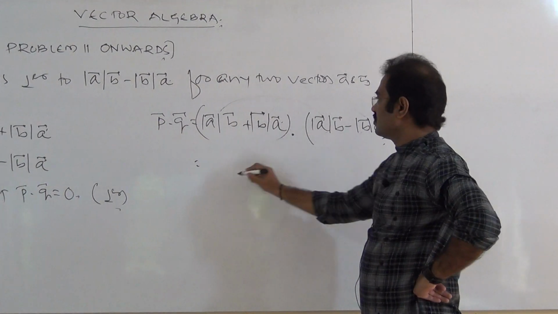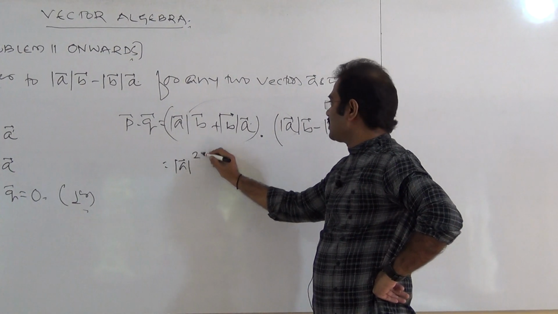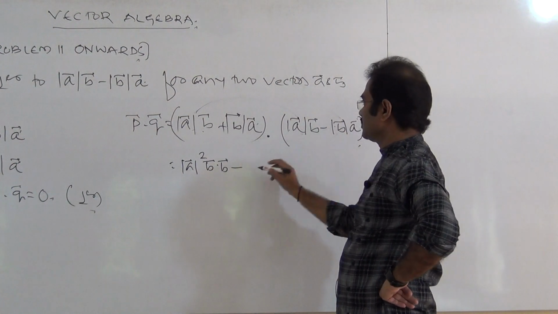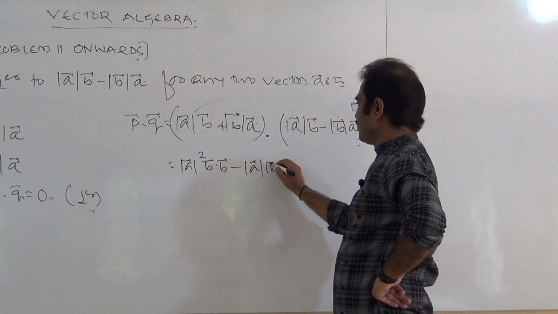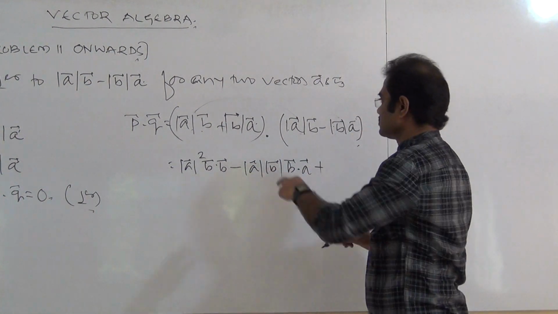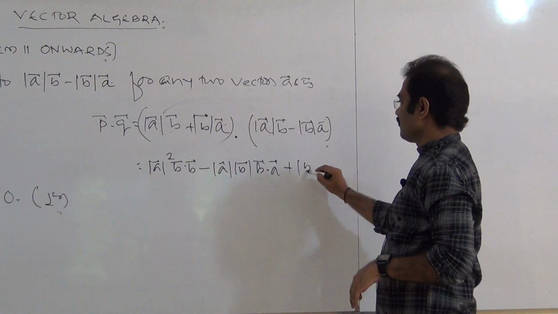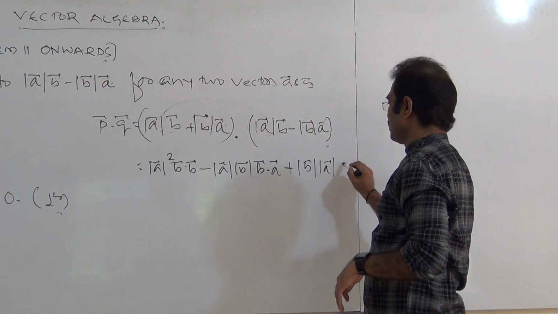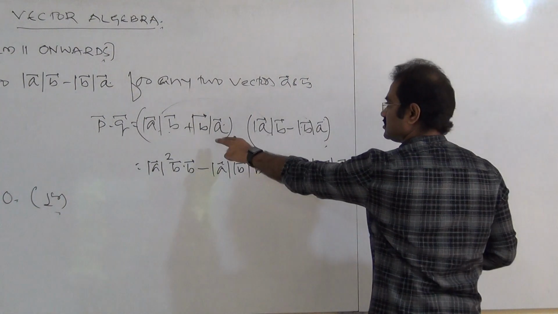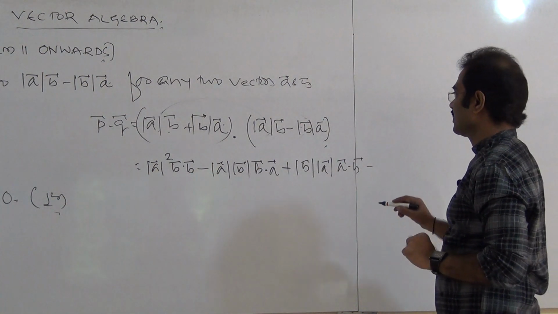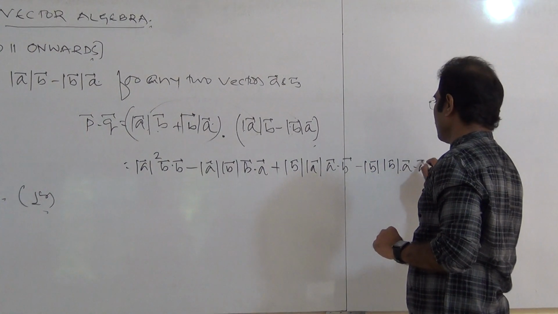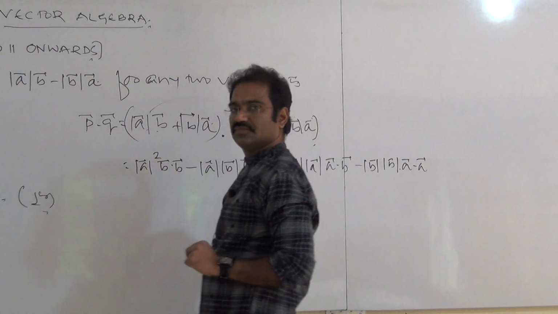It is equal to magnitude of A square B dot B, minus magnitude of A, magnitude of B, B dot A, plus magnitude of B, magnitude of A dot B, minus magnitude of B, magnitude of B, A dot A. What do we get?